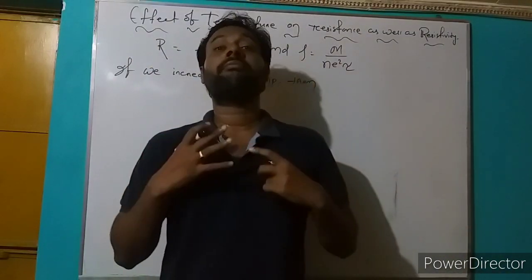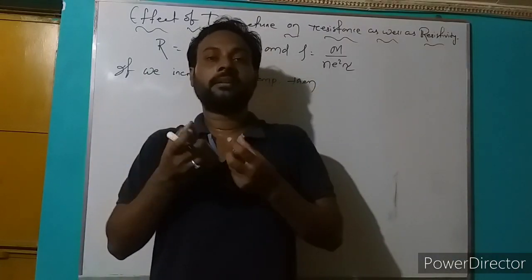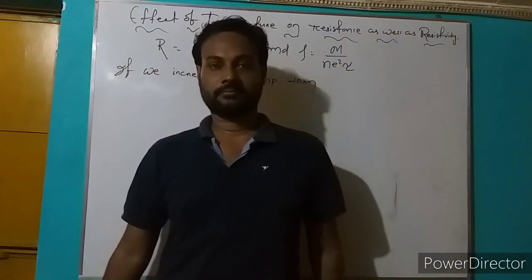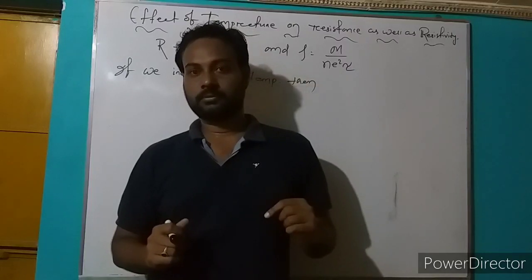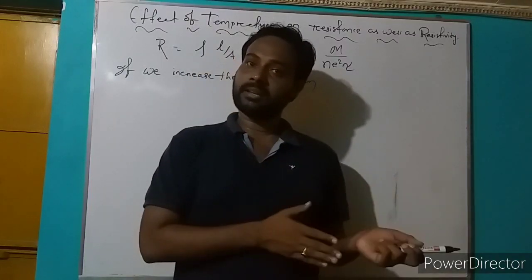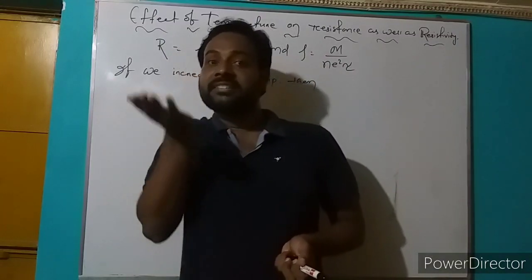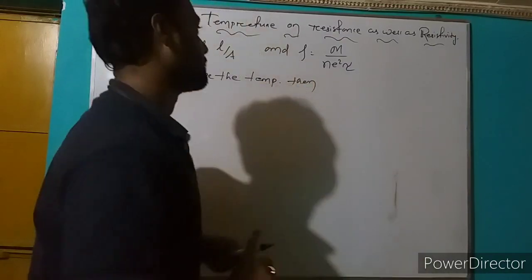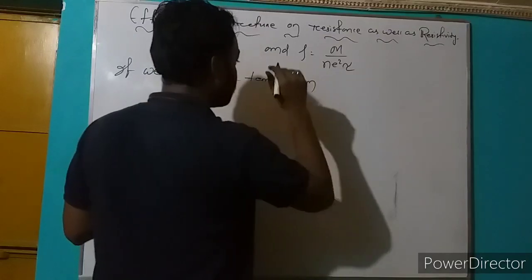So they move very fast. If you increase the temperature, then electrons move very fast, so they collide with each other in a short time. That means at a given temperature there is a relaxation time. If you increase the temperature, the relaxation time gradually decreases.